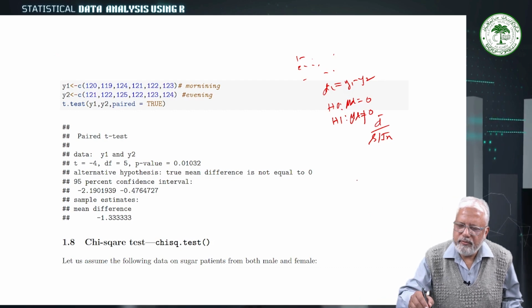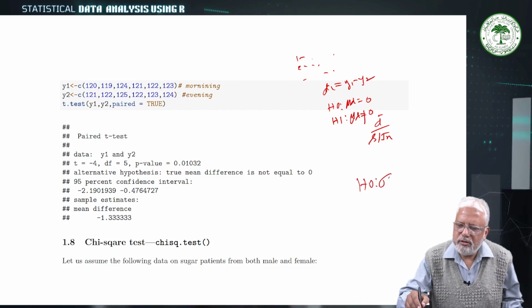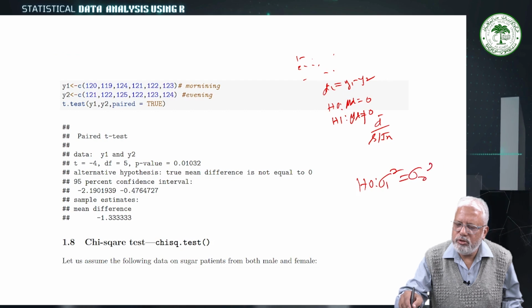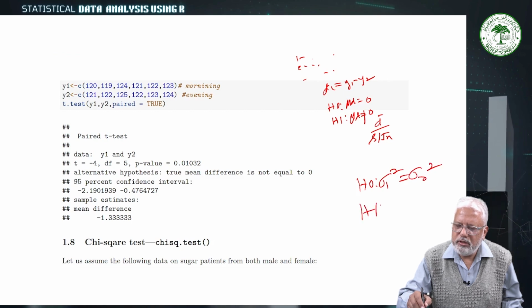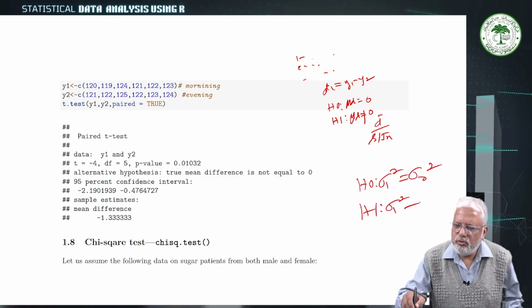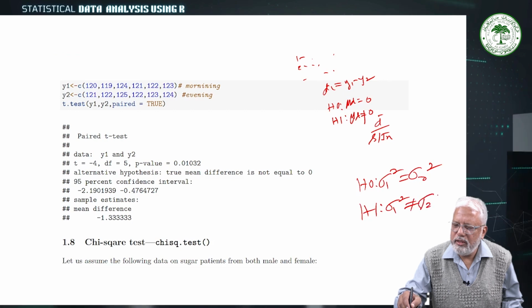to test H naught: sigma 1 square is equal to sigma 2 square versus H1: sigma 1 square is not equal to sigma 2 square.